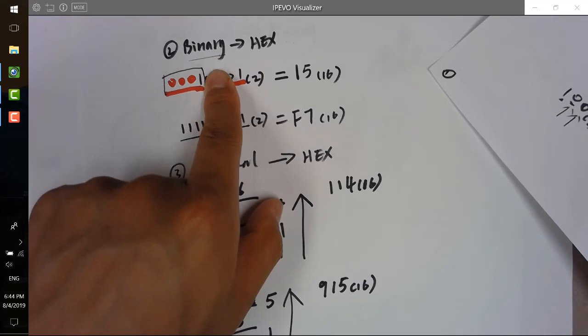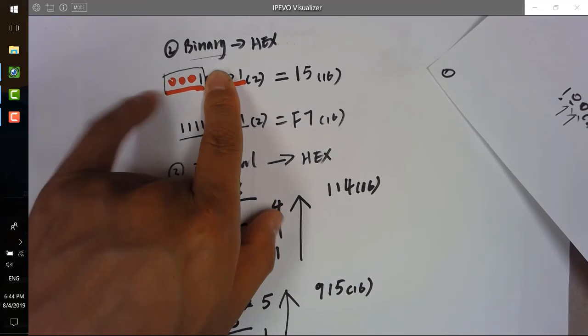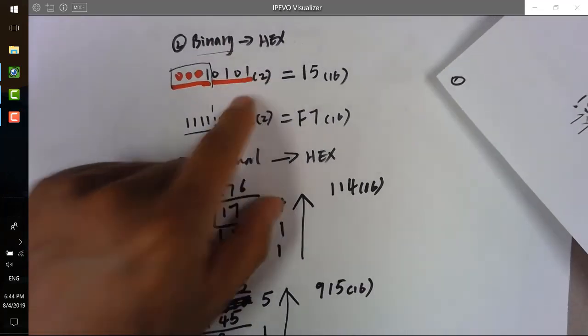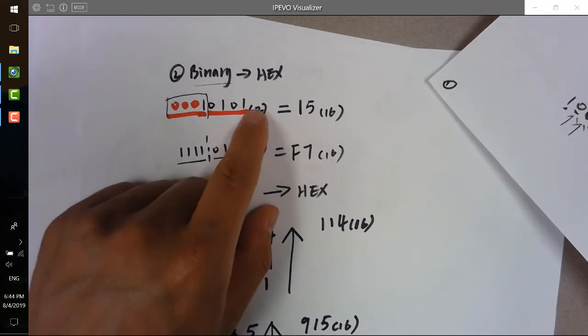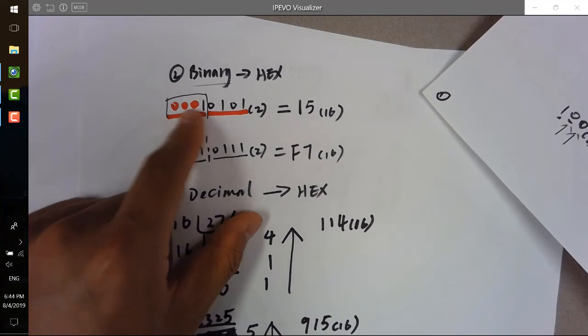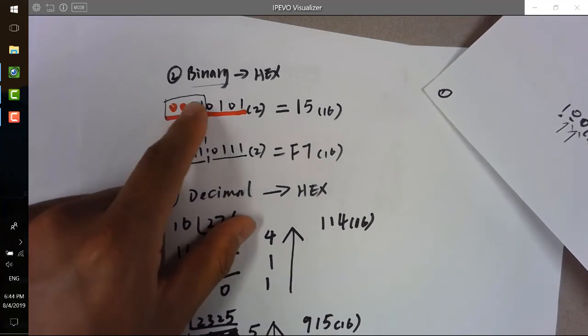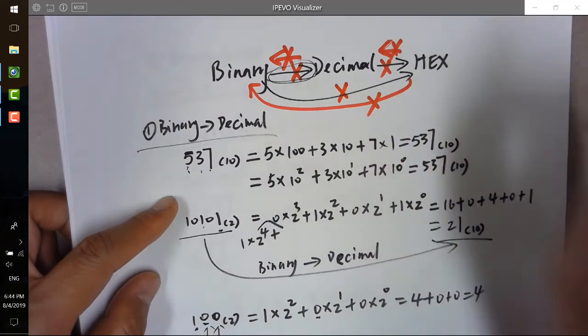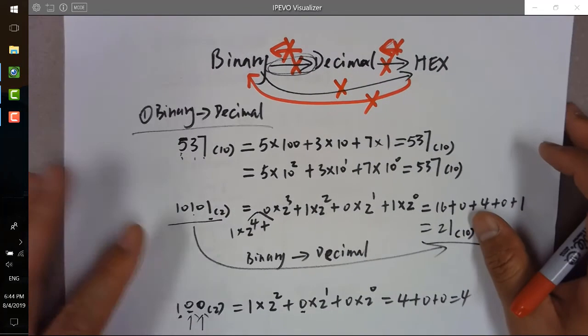If we don't have enough digits, we just make up 0s in the front. So this requires you to start from the right to the left. So starting from the right side and then to the left, whenever you don't have enough digits, you just make it up in the front. Okay. All right, we now have learned all these number conversions.